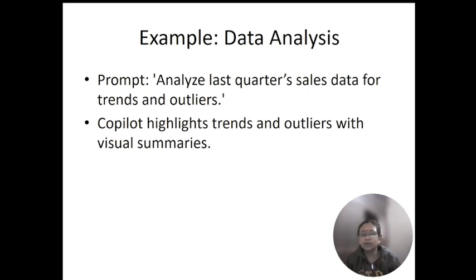It will give you all the reports in a visual form. Also, Copilot highlights the trends and the outliers with visual summaries. You can give coloring patterns, blue, red, and green, and incorporate all these with your data analysis.